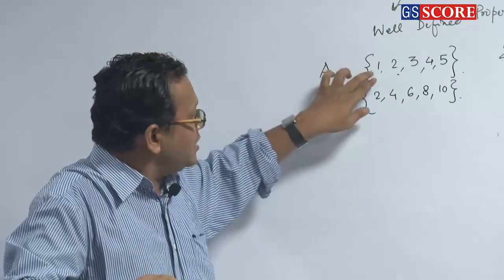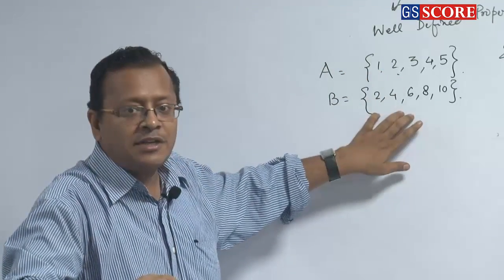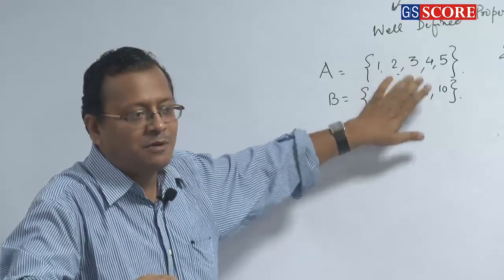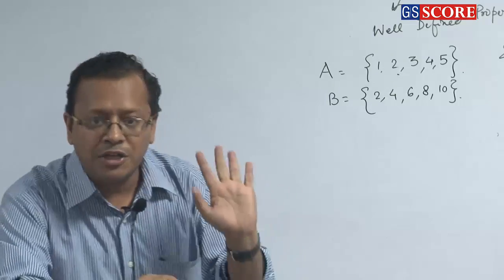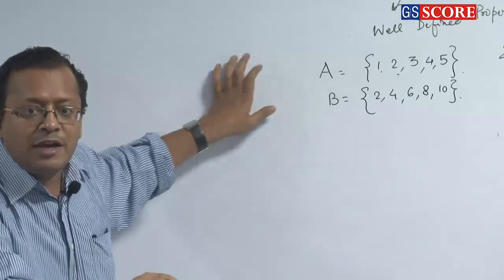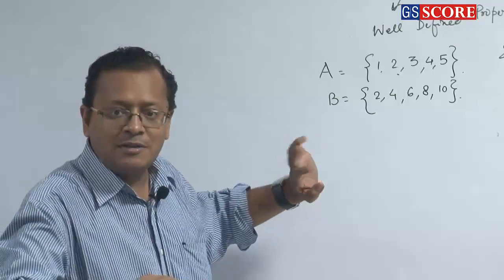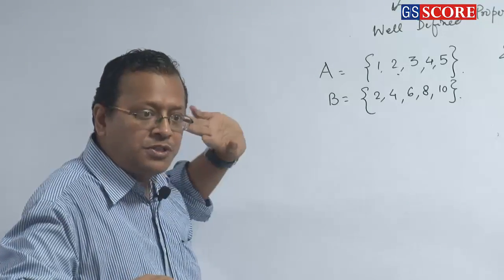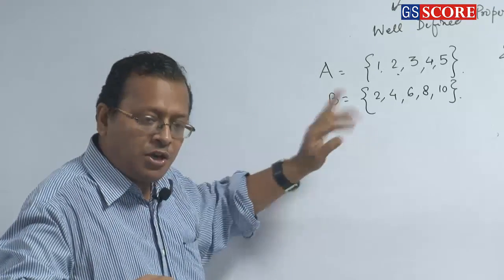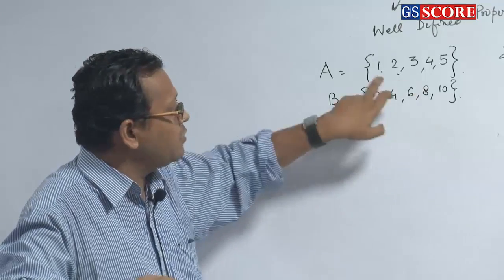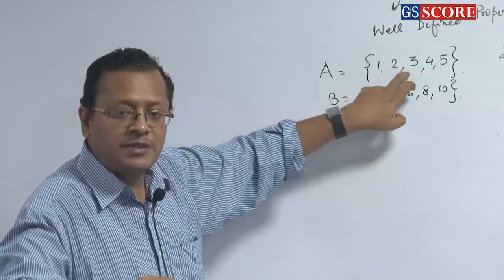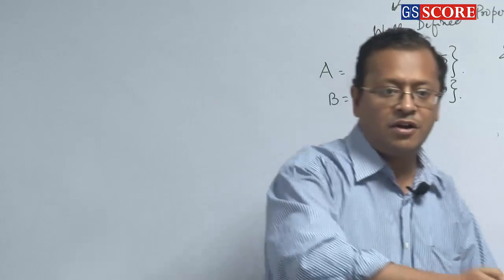This is a collection of 5 natural numbers, and this is a collection of 5 natural numbers. So it seems equal, but it is not equal, it is equivalent. These two sets are equivalent to each other. They will become equal only when this is 1, 2, 3, 4, 5 or this is 2, 4, 6, 8, 10. Clear or not?